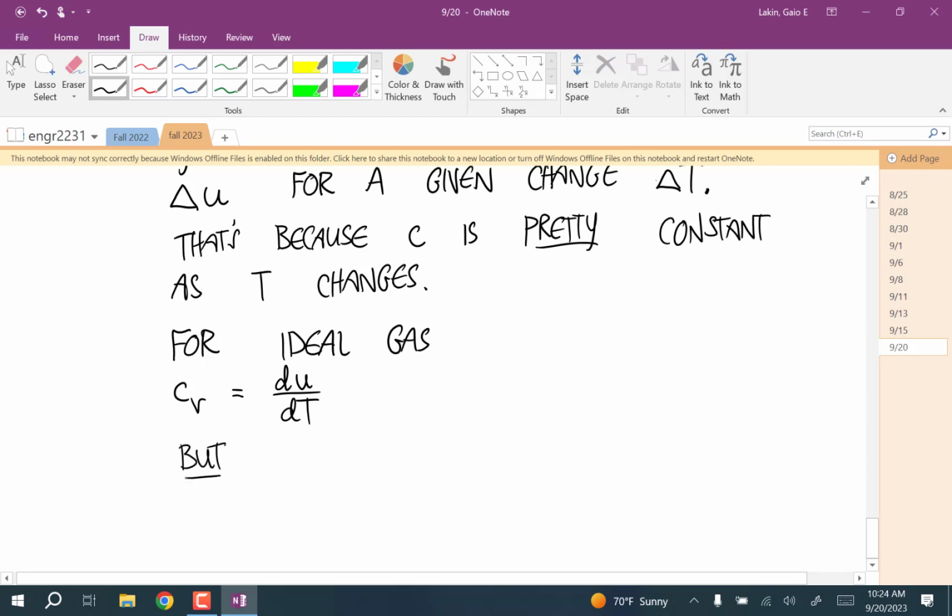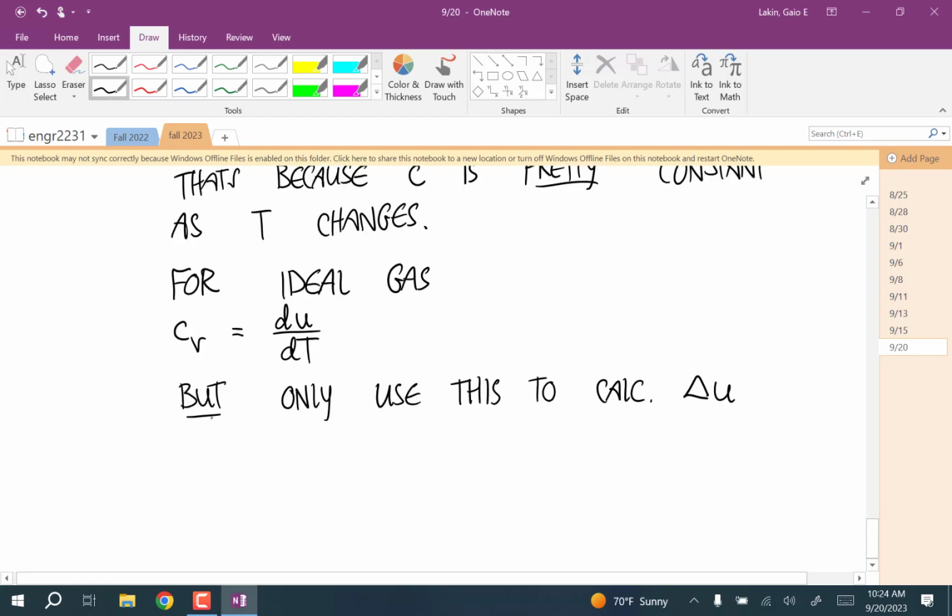But only use this to calculate delta U for very small temperature changes. And the reason for that is that CV for an ideal gas changes more with temperature than C does for a liquid, okay?